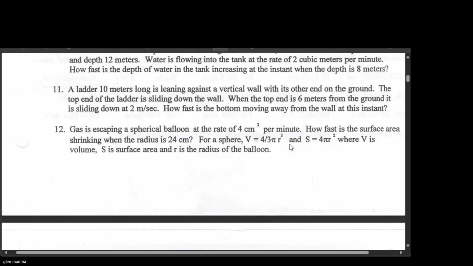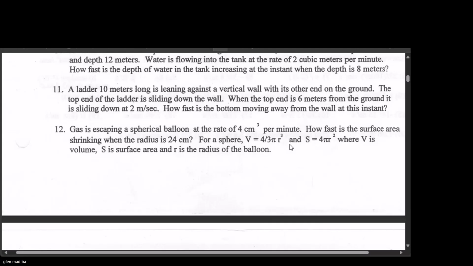Then you'll be left with minus 1 over 24 squared pi. Are we clear? dr over dt will be equal to minus 1 over 24 squared multiplied by pi. That is dr over dt.